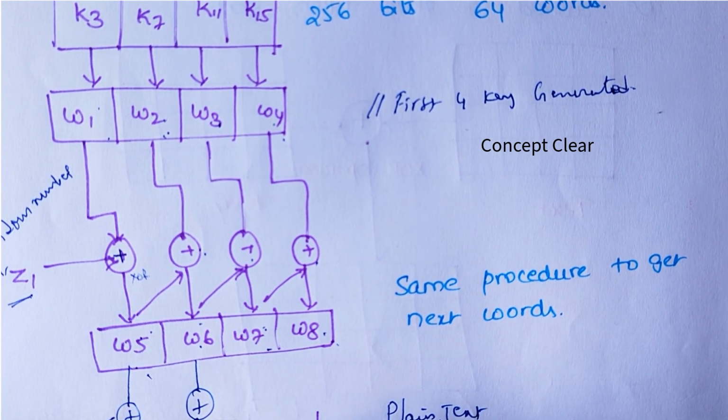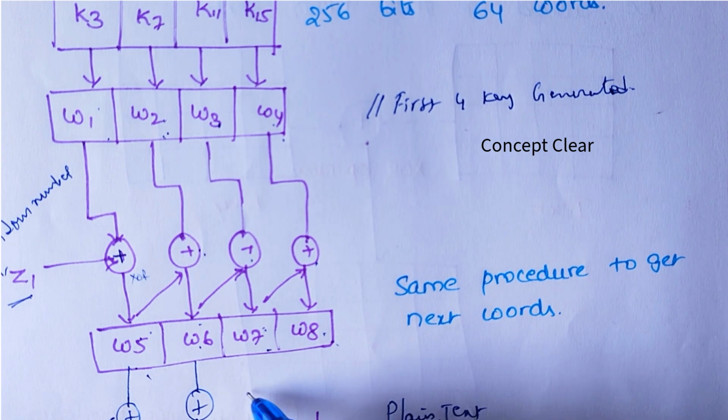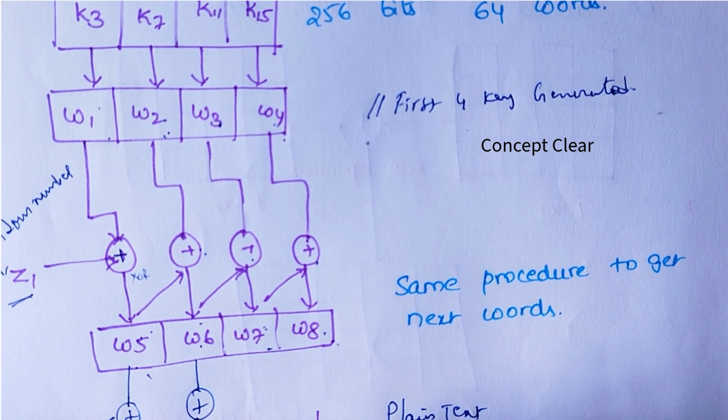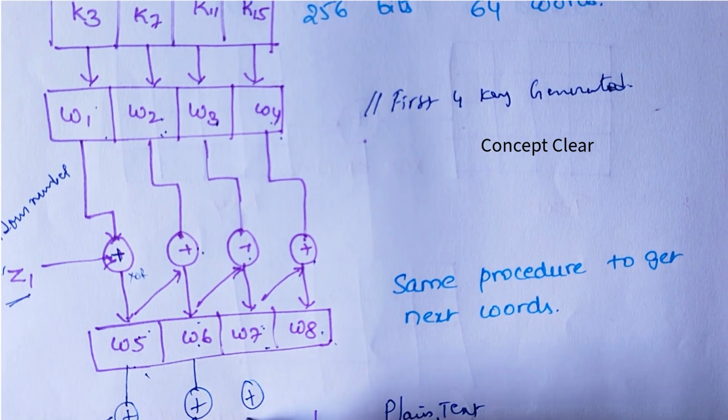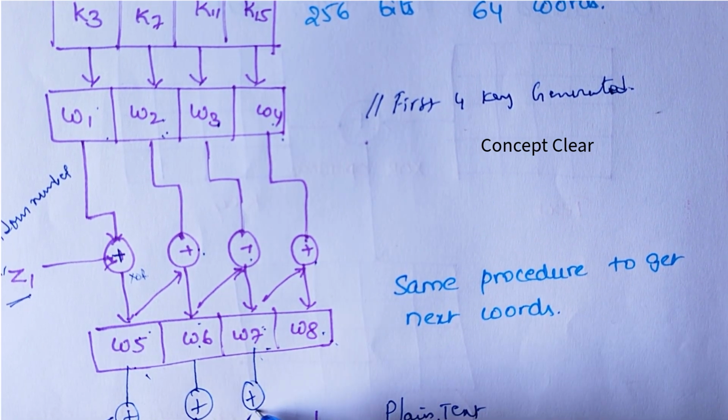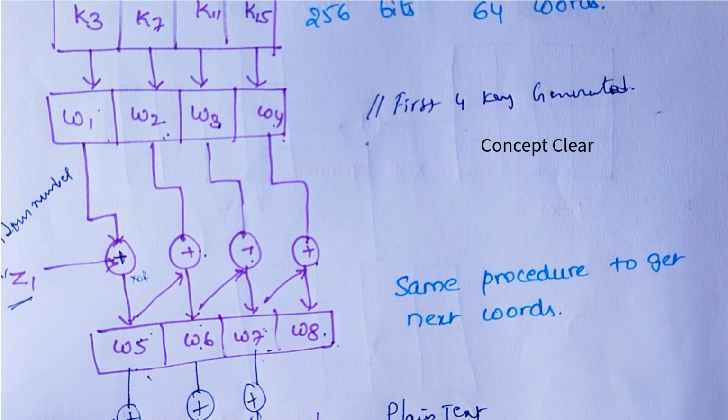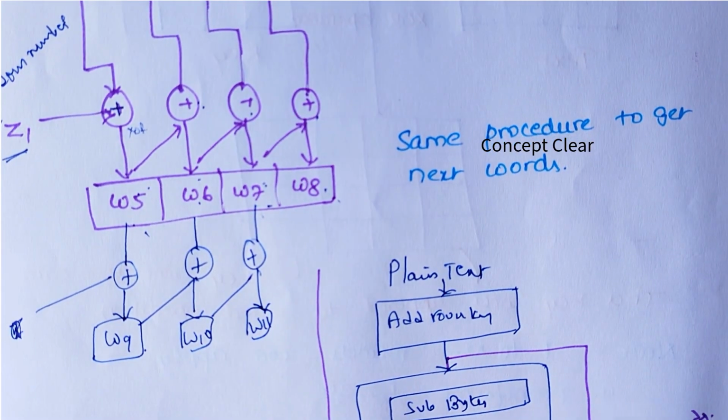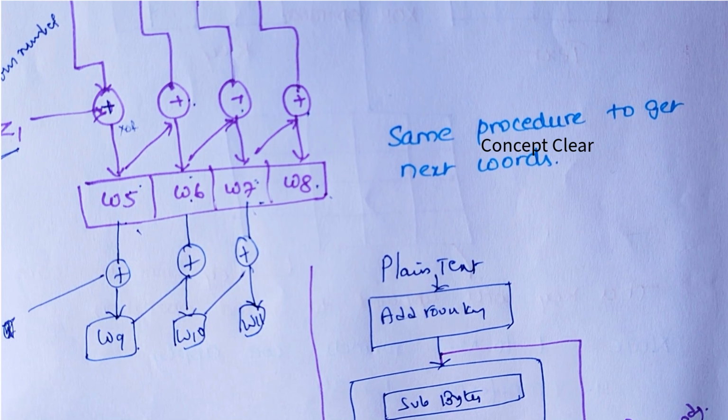For W11, XOR W10 with W7, and then we generate W11. Like this, the procedure continues for as many keys as you want.